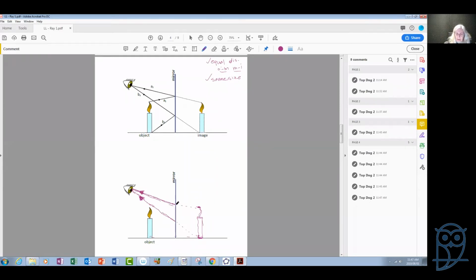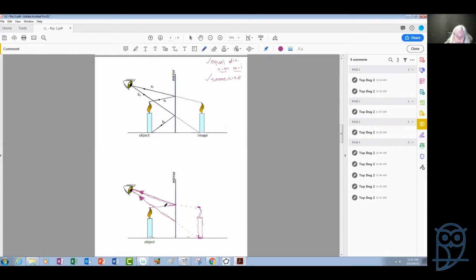Now, okay, up to here, that's fine. Where does this ray come from? Let's start from the top ray. Well, our eye, or our brain, thinks that it comes from the top of the flame. But of course, it does not come from there. It comes from the top of the real flame. So this ray actually has traveled from the top of the flame, fell at this point on the mirror, and then was reflected towards our eye.